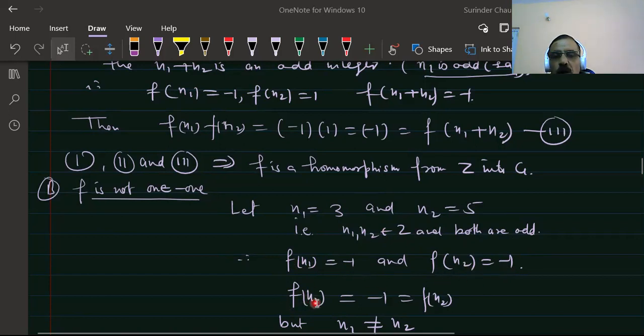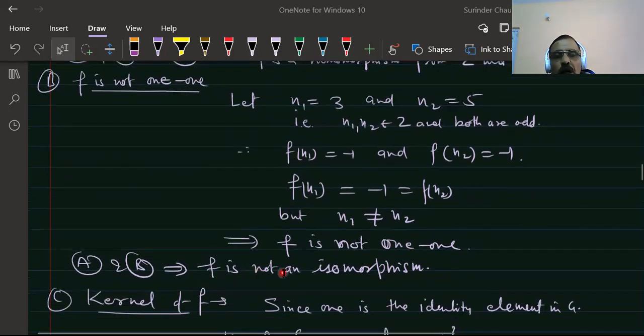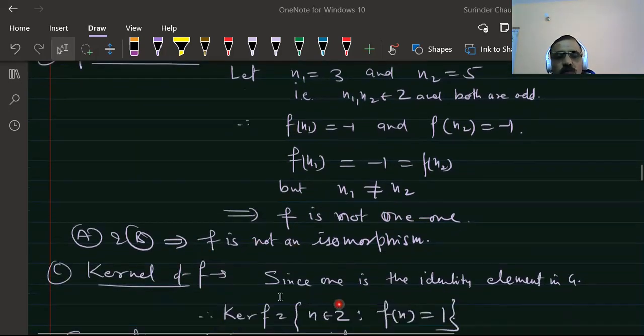So f of n1 is equal to f of n2, but 3 is not equal to 5. There are so many examples to show this. So f is not one-one; we have shown a counterexample. So f is a homomorphism but not one-one. Therefore, f is not an isomorphism.